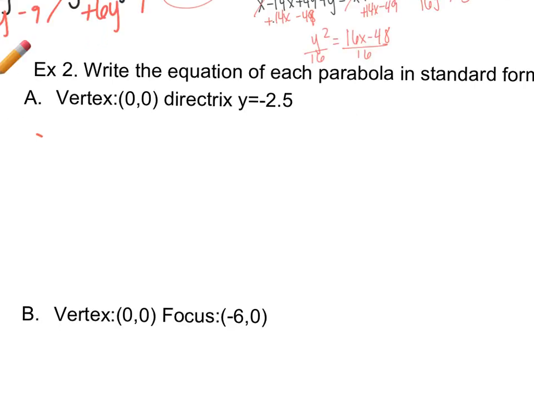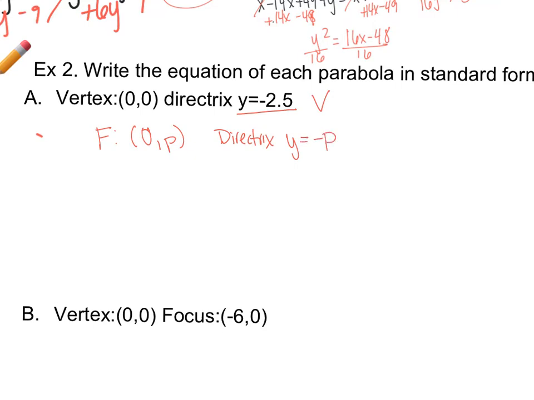All right, so because my directrix is in the form of y equals, we know that this is a vertical parabola. So my focus is going to be (0, p), and my directrix is y equals negative p.